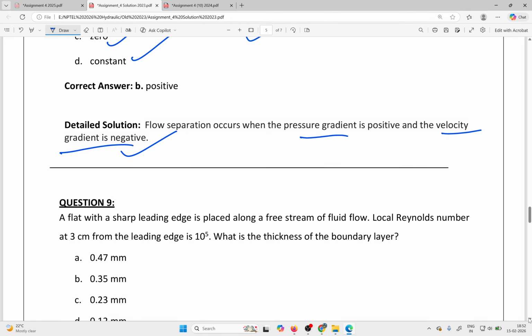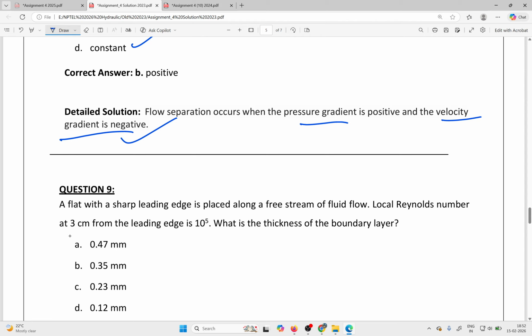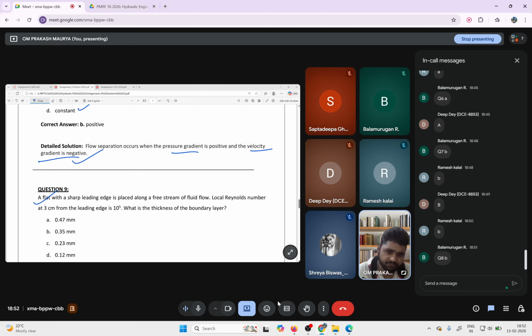So you have to solve. Question number 9. Flat plate with a sharp leading edge is placed along a free stream fluid flow. The local Reynolds number at 3 cm from the leading edge is 10 to the power 5. What is the thickness of boundary layer? So just think on that. Here the distance is 3 cm from the leading edge and the Reynolds number is 10 raised to 5.